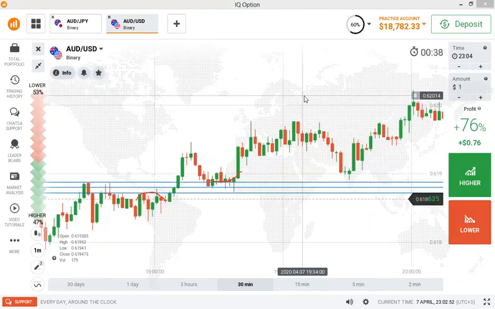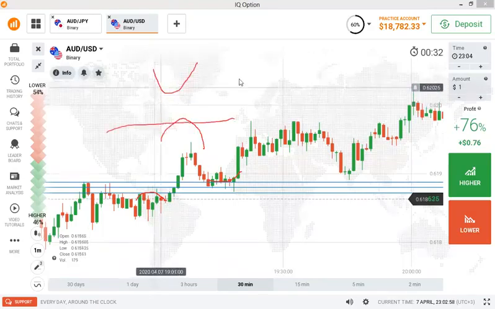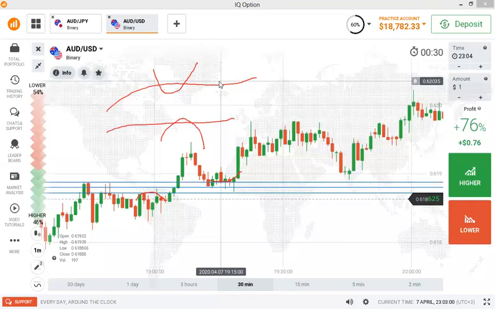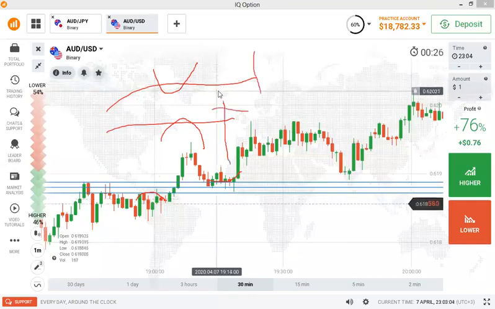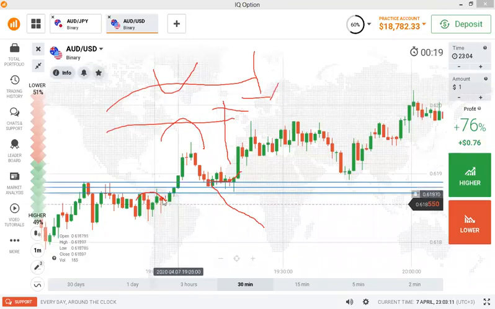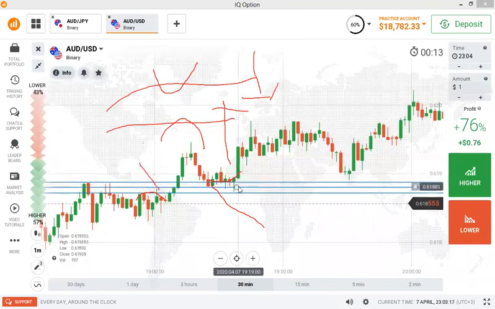There's something you mentioned in our last class, that you're looking for something like this, where if buyers come here, the market will reverse. If sellers come here, the market will reverse. So I'm thinking of this area now. If buyers come to this area, the market is going to reverse, and if sellers come here, the market is going to reverse too.